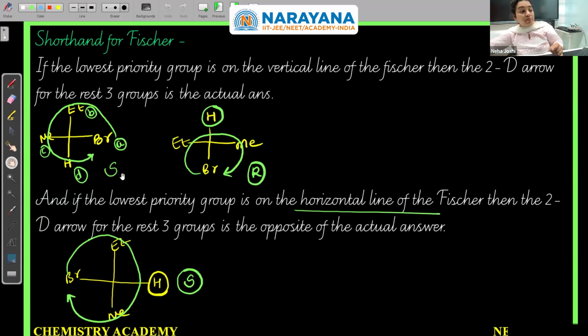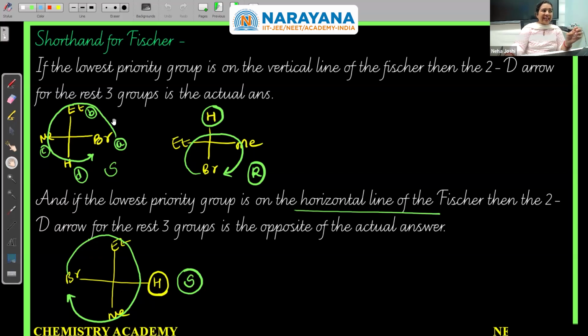It is very, very simple. If the lowest priority group is on the vertical line, whether upside, downside, any side, just ignore it. This lowest H, ignore it. Give the two-dimensional arrow in the CIP priority for the rest three groups. So bromine to ethyl to methyl.